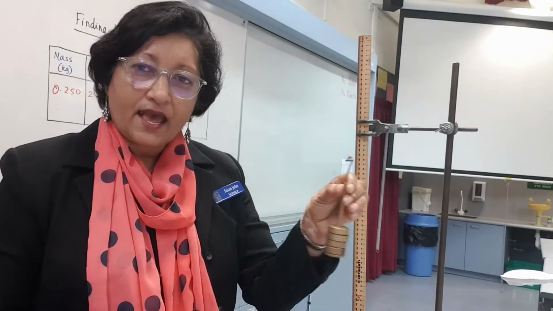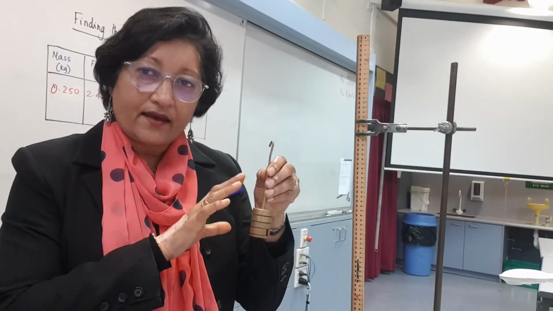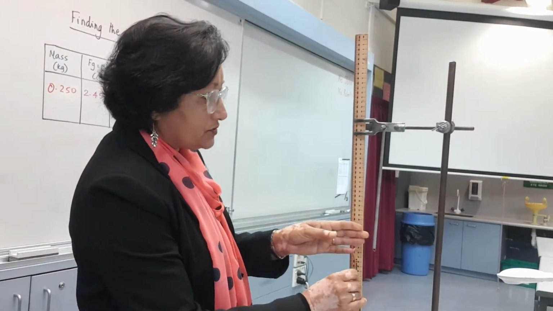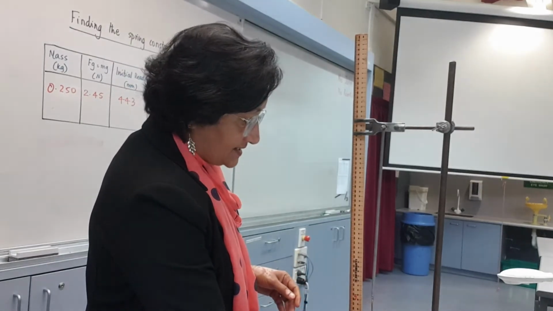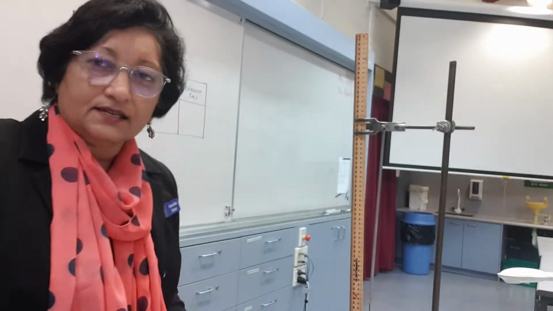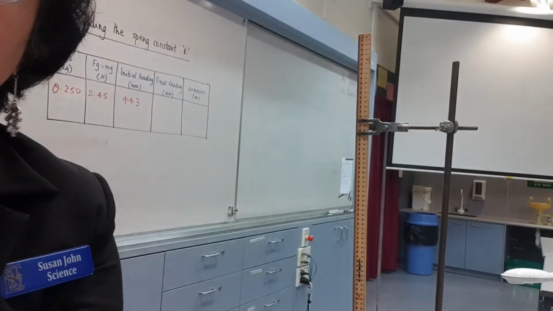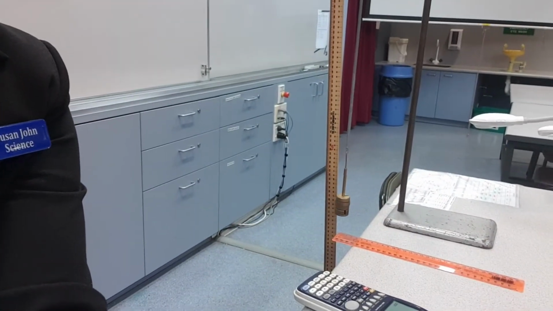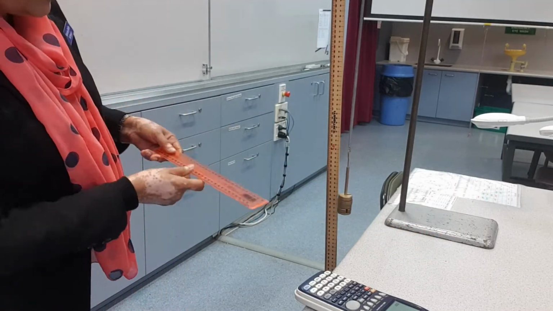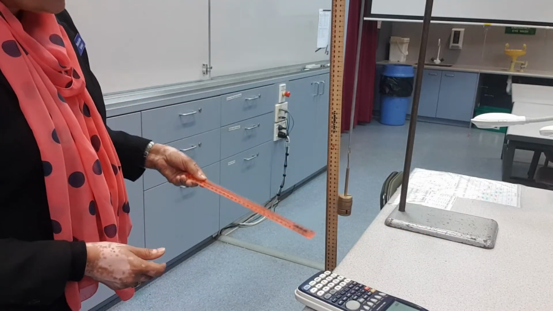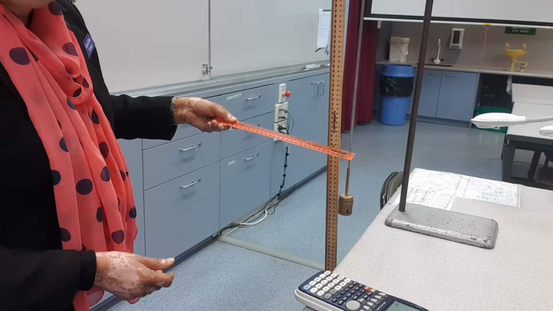And then I'm going to hang this hook with the masses. I haven't changed anything. And it's going to come down, it's going to get extended. I'll just tilt this camera a little down so that you can see what I'm doing. So it's got extended. And then I'm going to get my final reading, not from the bottom here, because my readings are all from the bottom of the spring.